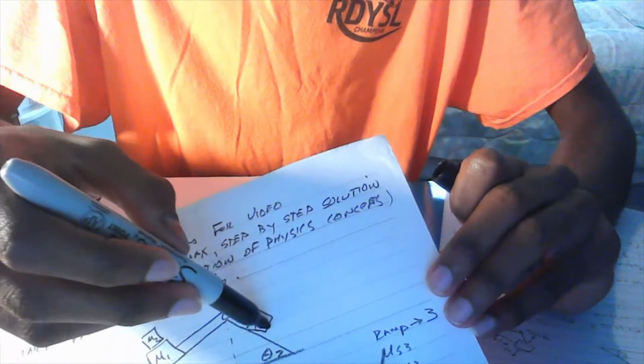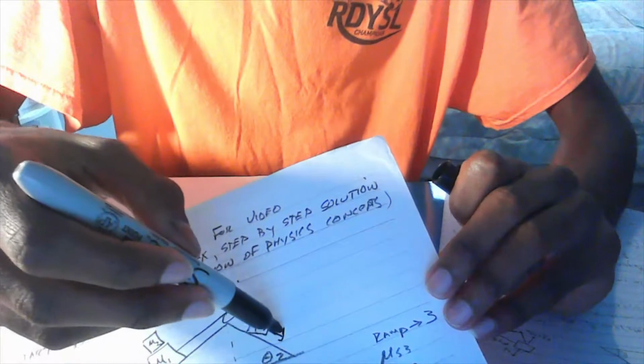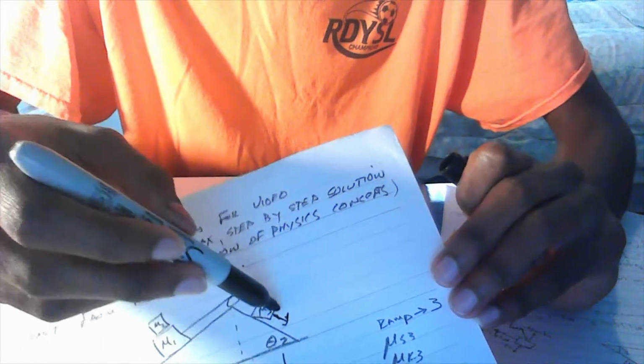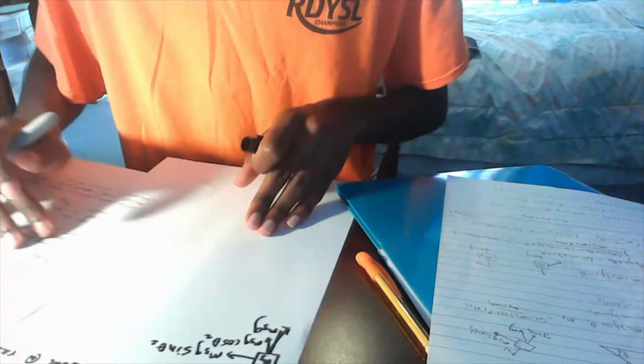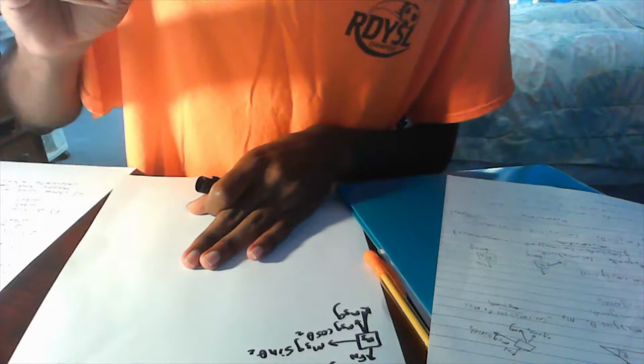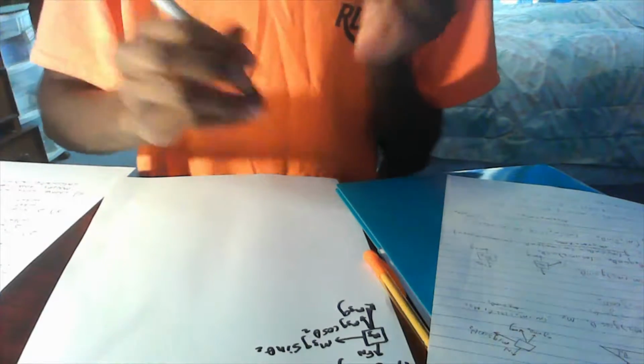So the force acting that way, this force, that's m3 g sine of theta 2. That has to be less than the forces acting in the other way if they don't want any motion.